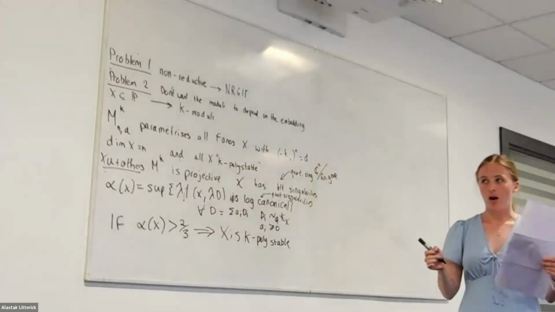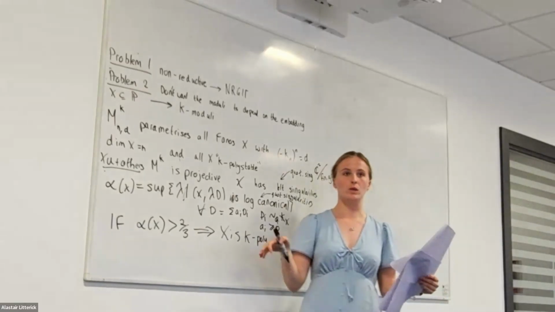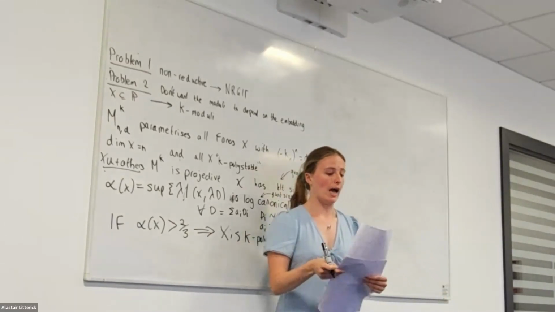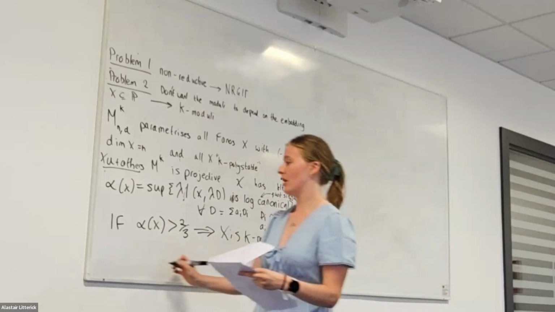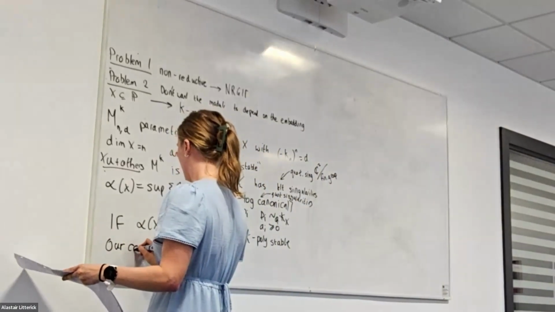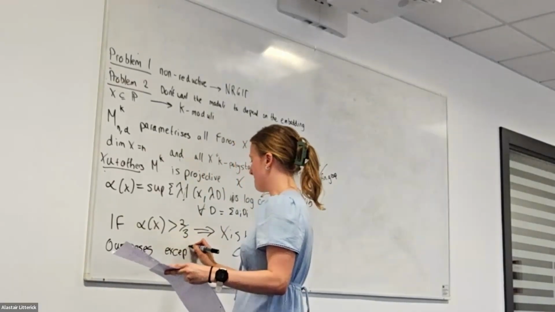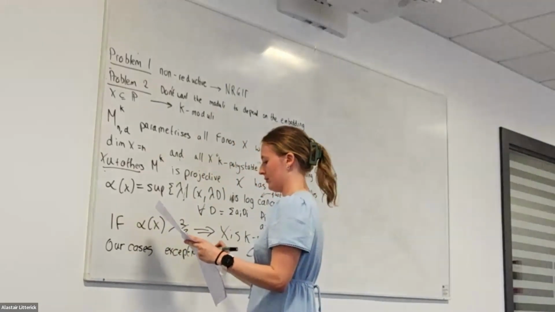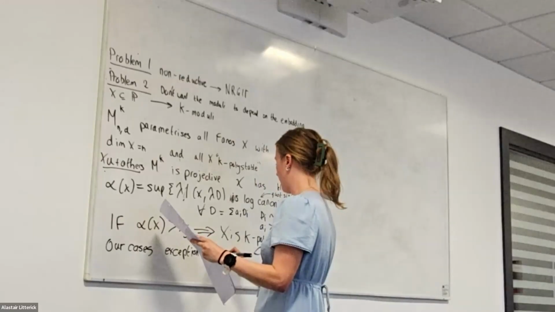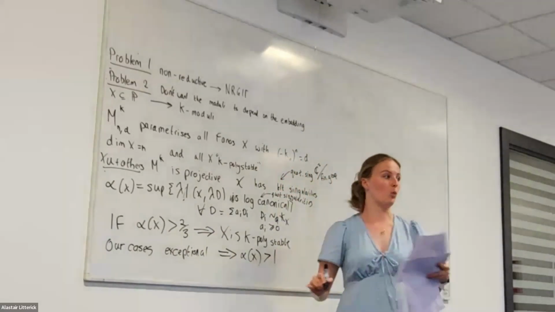Now, in our examples, we're actually looking at examples of X which are exceptional, and by exceptional, this is just where alpha(X) is greater than 1.